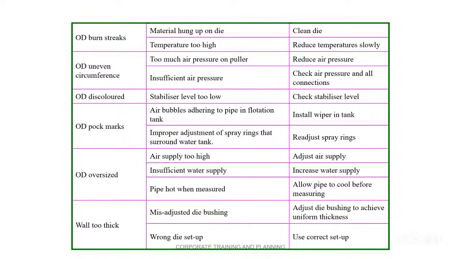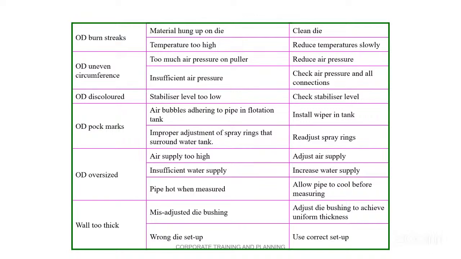E is used for centering the die, and the second one is for the bushing ring, right? We are applying that ring at the outside of the bush, right? And if you are not properly aligned, if misalignment is there, then higher thickness is possible.